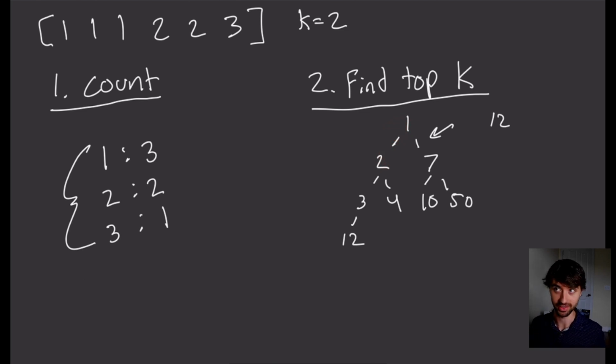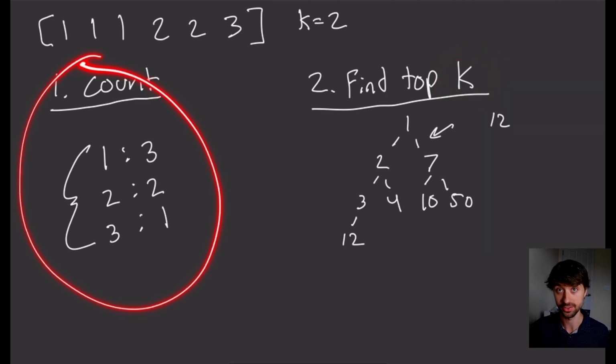So why am I telling you all of this? Well, I think what we can do is create a heap that is size k. So basically we have this dictionary first, then we create a heap of size k. And the reason that size k is that we'll start by adding k elements to it.